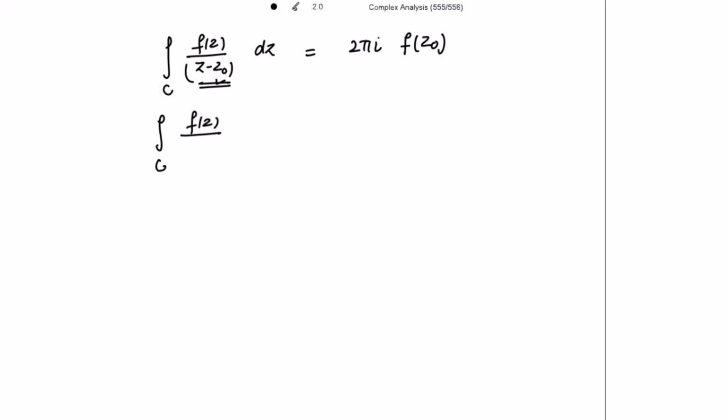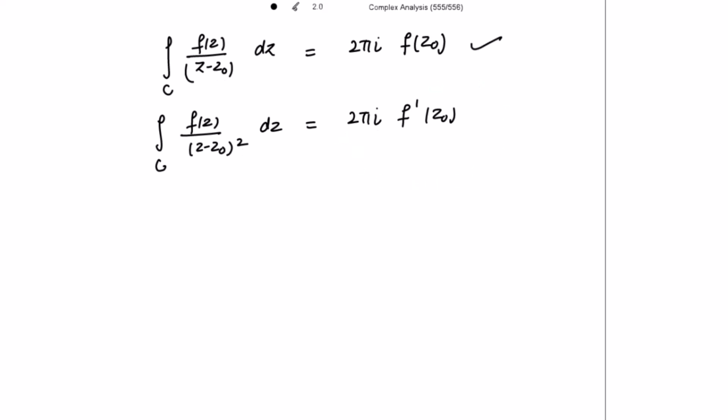And second formula for the first derivative. Here we have z minus z naught whole square. So this is equal to 2 pi iota f. I'm having 2 over here. Just subtract 1, we get 1. 2 minus 1 is 1. So right here the first derivative at z naught, and divided by whatever be the derivative, write that factorial. And because 1 factorial is 1, there is no need to write this.